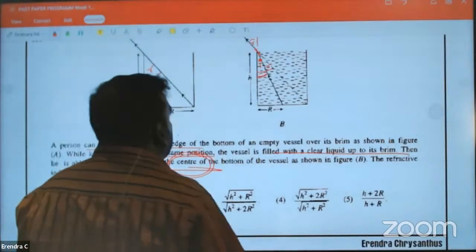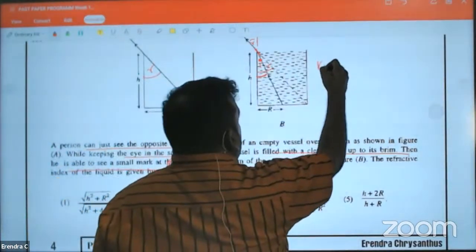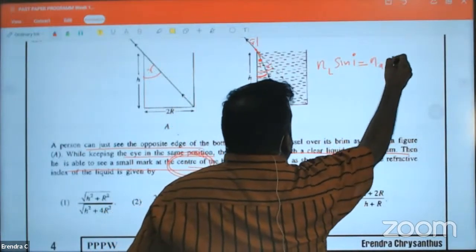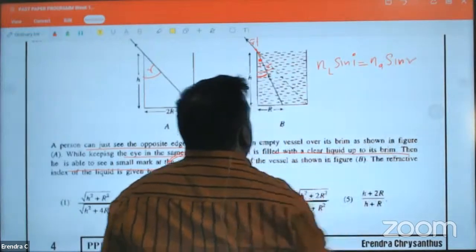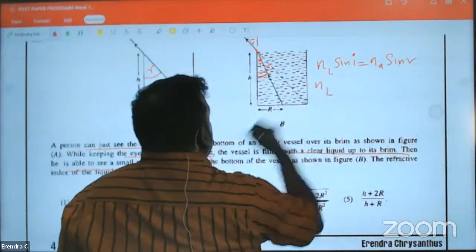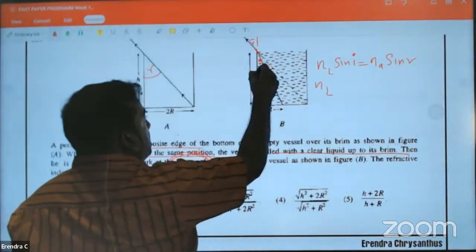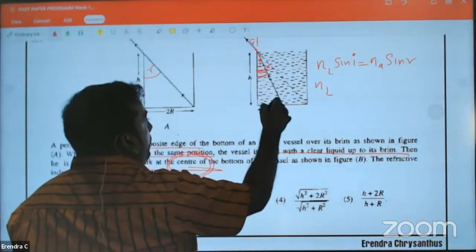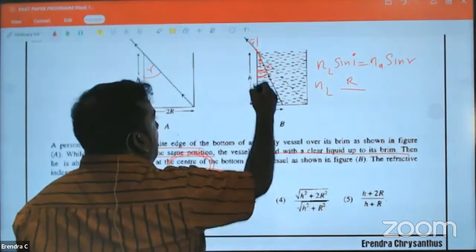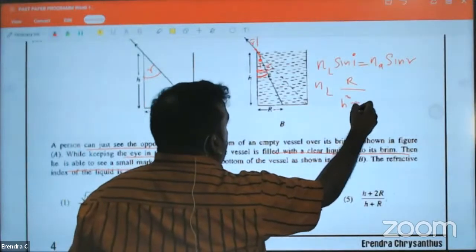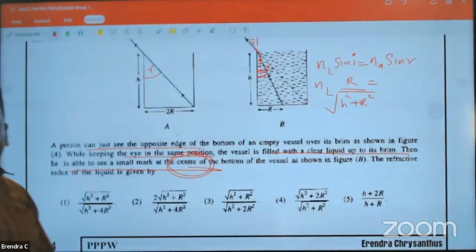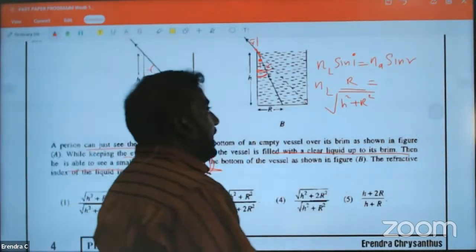Look at this carefully. Light rays are going from the liquid: N liquid sin I equals N air sin R. Look at the board carefully. What is sin I? Sin I is the small angle, opposite over hypotenuse: R divided by the hypotenuse, square root of h squared plus R squared. N air is air.